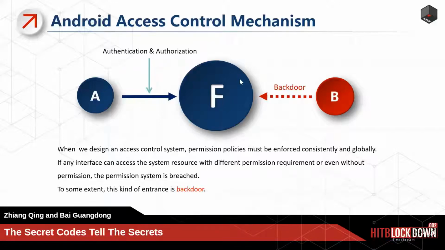However, if your access control system provides some special entrance, so that a user or developer or anyone through that entrance can access that functionality, then this is a violation of the existing permission policy. To some extent, this kind of entrance can be regarded as a backdoor.